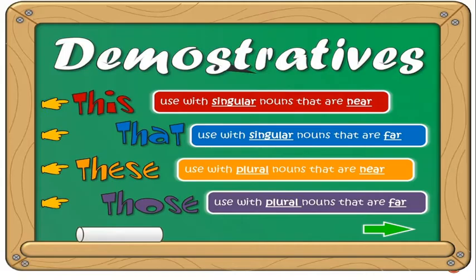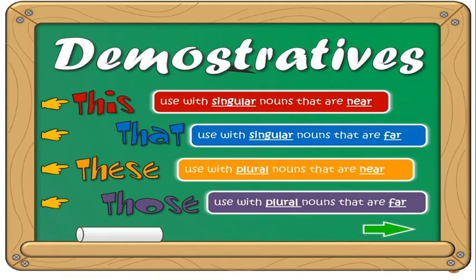Possessive. Next, demonstratives: this, that, these, those. The demonstrative 'this' we use with singular nouns that are near. We use 'that' with singular nouns that are far.